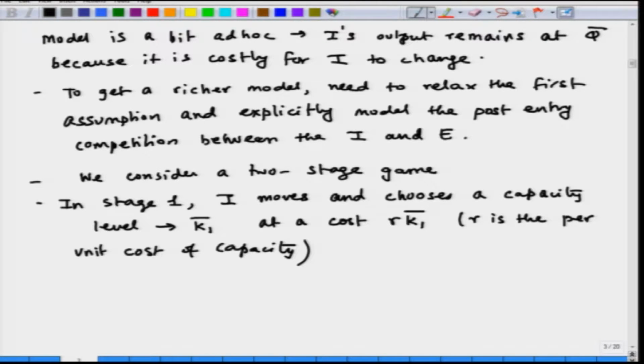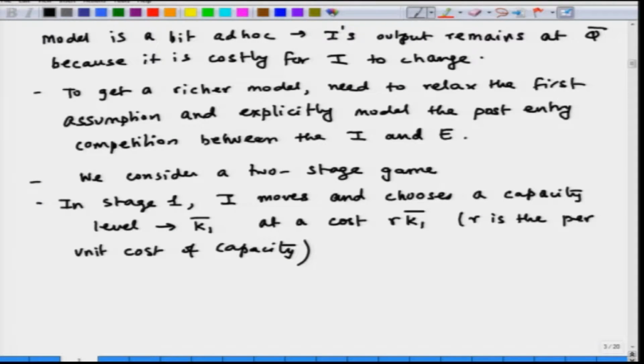It can produce an output which is exactly equal to K1 bar, which is exactly using its entire capacity, or it can choose to produce an output Q1 which is larger than the capacity, in which case it needs to add on to its capacity by building more capacity in stage 2.